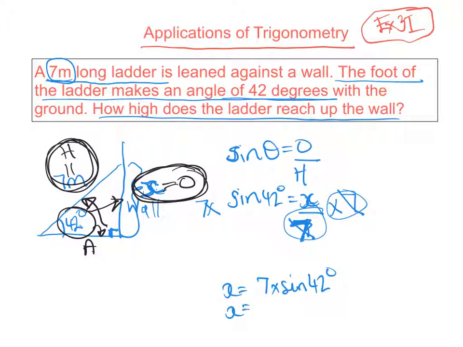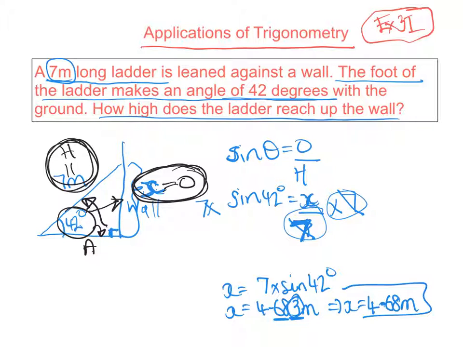And when you put that into your calculator and work it out, you should find that it's equal to 4.683 metres. Now, if we round to 2 decimal places as we should, since that's only a 3 and here are our 2 decimal places, this should be 4.68. And that's the height the ladder reaches up the wall.